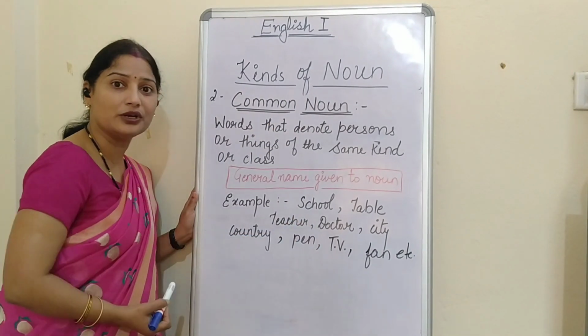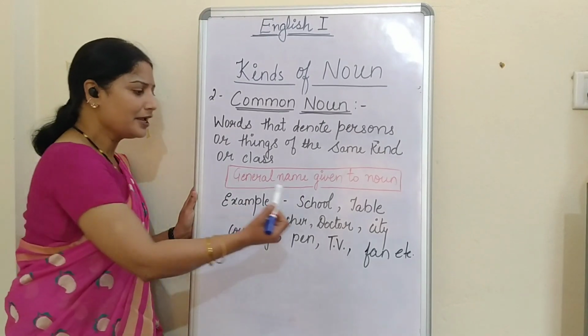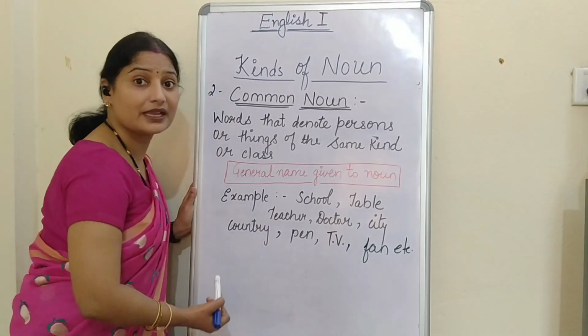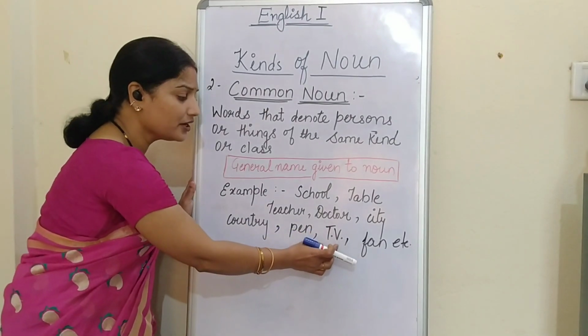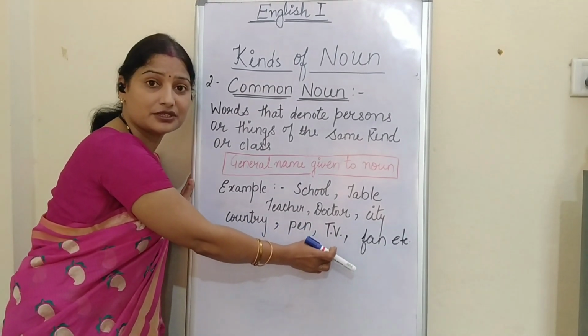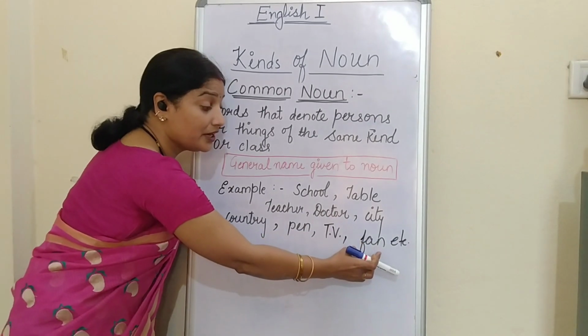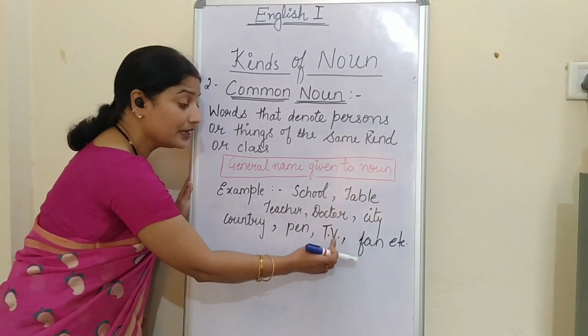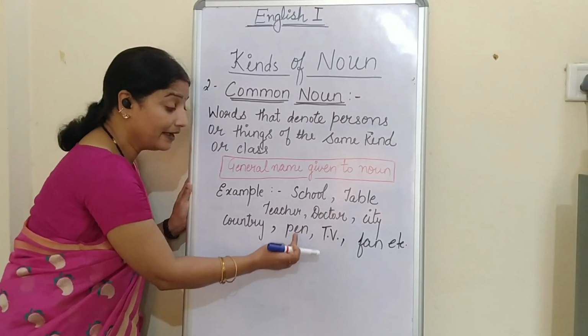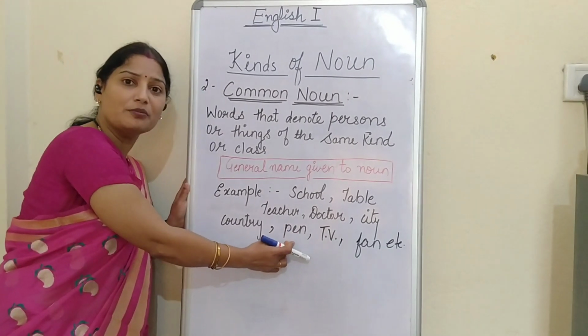Likewise, if I say TV, TV is a common noun because here I have not given you any brand of the television. I have not given you any brand of the fan. So, fan is a common noun, TV is a common noun, and pen is also a common noun.